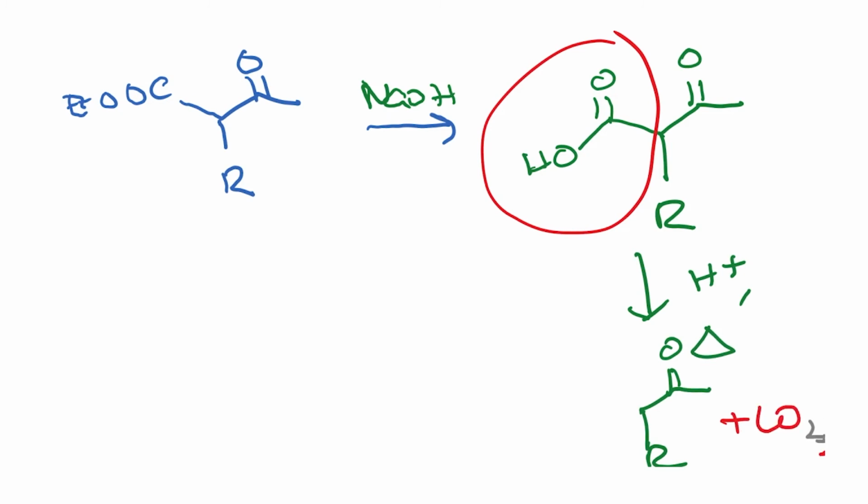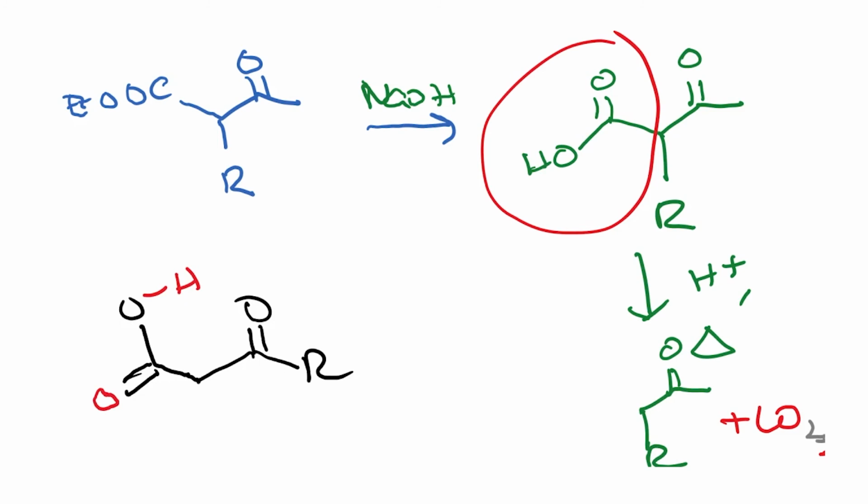Okay, so let's look at very briefly the mechanism. So you have C double bond O, R, just drawing it a little differently so that it's easy for us to see this. So this is the hydrogen, this is the oxygen.